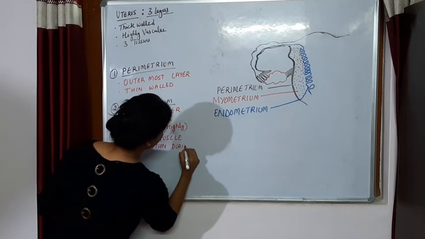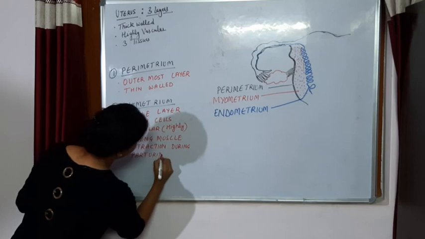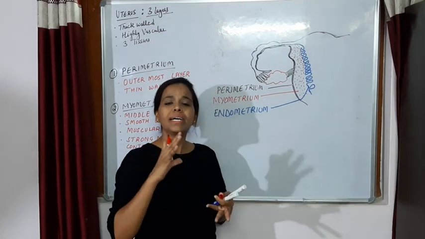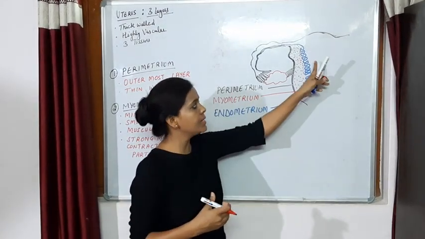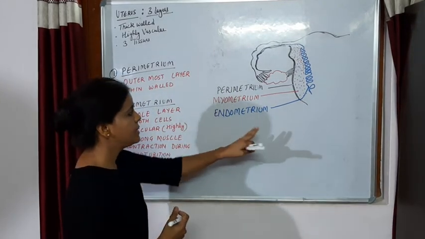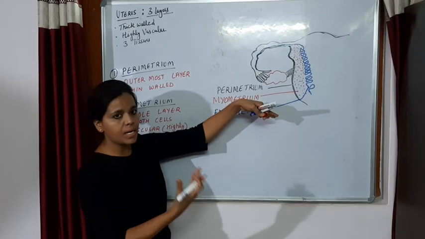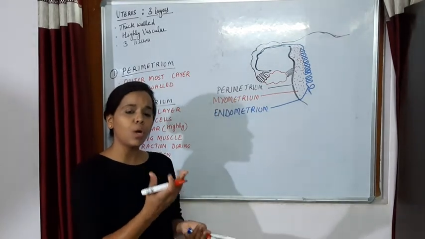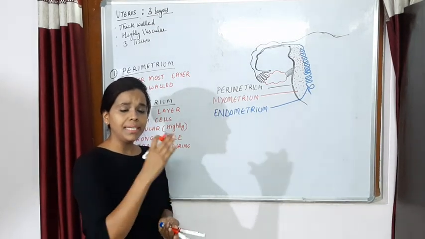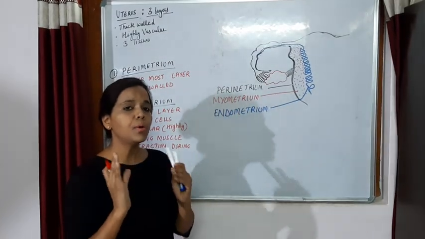While delivering the baby, these are the muscles which will undergo strong contractions and help in delivering the baby out, right? We will discuss the whole process a little later. Just now you must be clear about the different layers and what role they will play when we discuss topics like the menstrual cycle, parturition, and fertilization, where the implantation will take place.